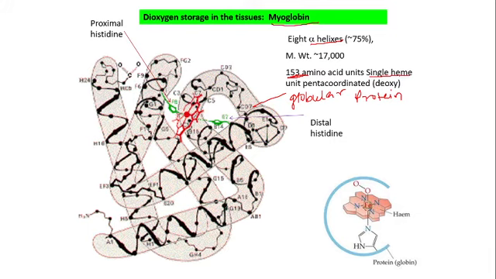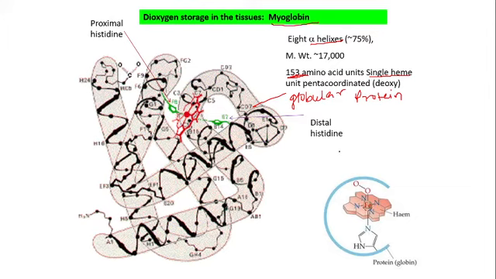In your exam the question always asks to compare myoglobin and hemoglobin. What is the difference between them? Myoglobin is only one monomeric polypeptide chain containing 153 amino acids, in one globular protein.